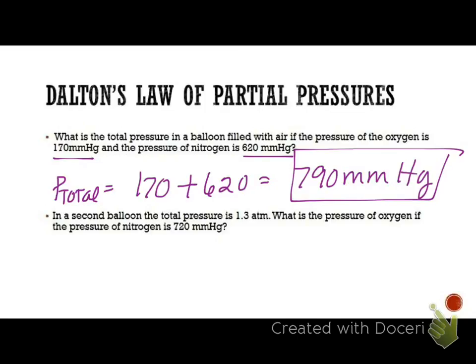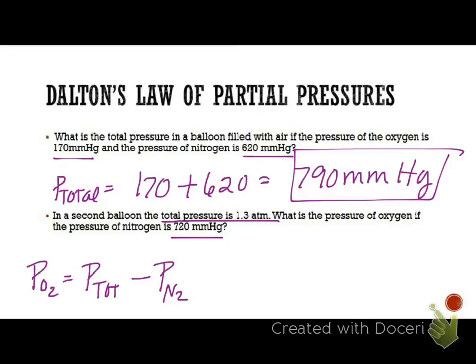Okay, in the second balloon, the total pressure is 1.3 atmosphere. And it wants to know what the pressure of oxygen is if nitrogen is 720. So what we would do there is say the pressure of oxygen is equal to P total minus the partial pressure of nitrogen.